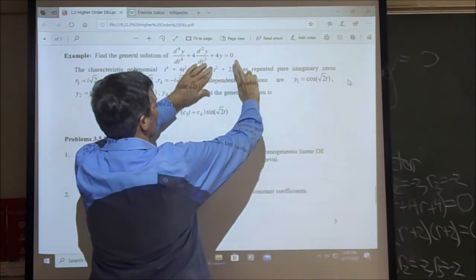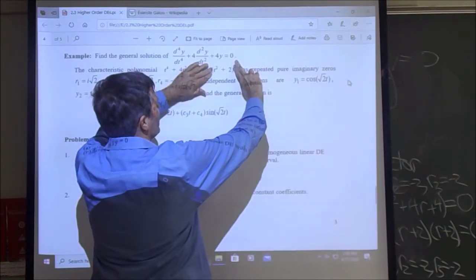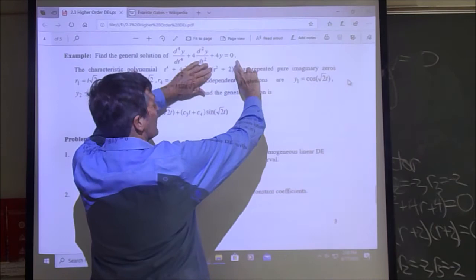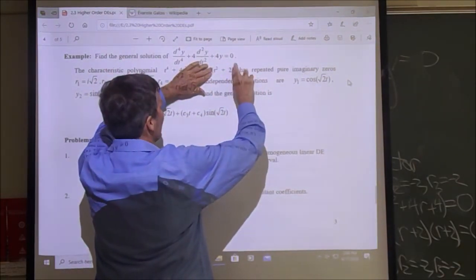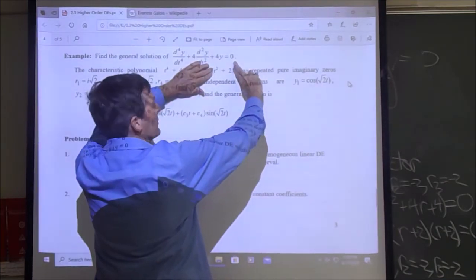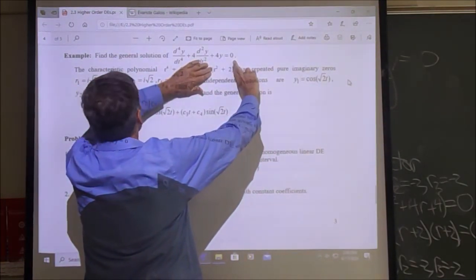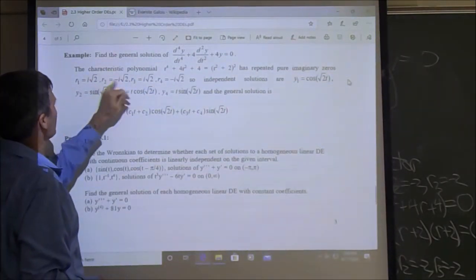Well, r squared plus 2 is an irreducible quadratic, right? With a r squared plus b r plus c, b squared minus 4ac is 0 squared minus 4 times 2 times 1, which is negative 8, less than 0. This doesn't factor using real numbers, but it factors as r equals plus or minus square root 2 times i.